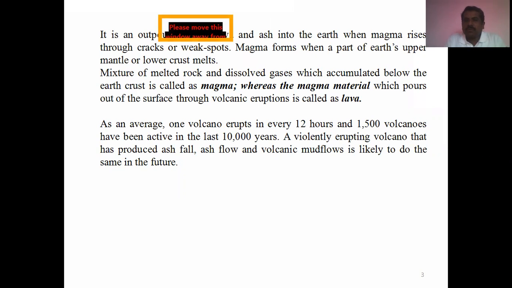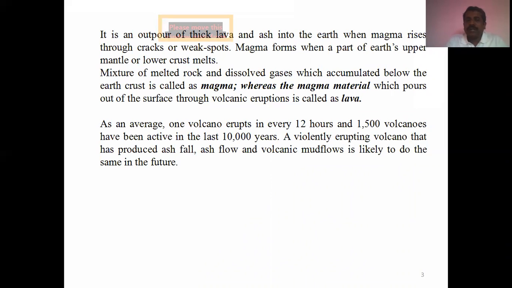So, what is meant by a volcanic eruption? It's an outpour of ash and earth, or the magma erupts out. Generally, you must know what is meant by magma and lava. When it is inside the earth, in the magma chamber, we call it magma. When it comes out, we call it lava.